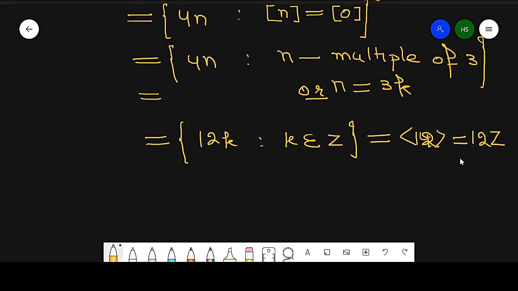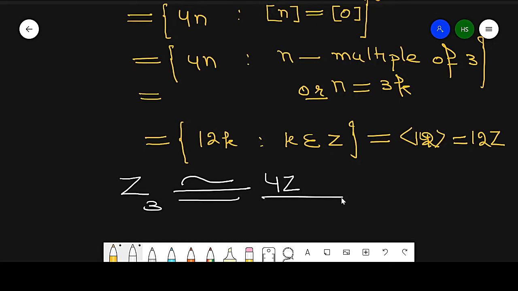So this proves our result by the fundamental theorem of homomorphism. This means Z3 is isomorphic to 4Z over 12Z.